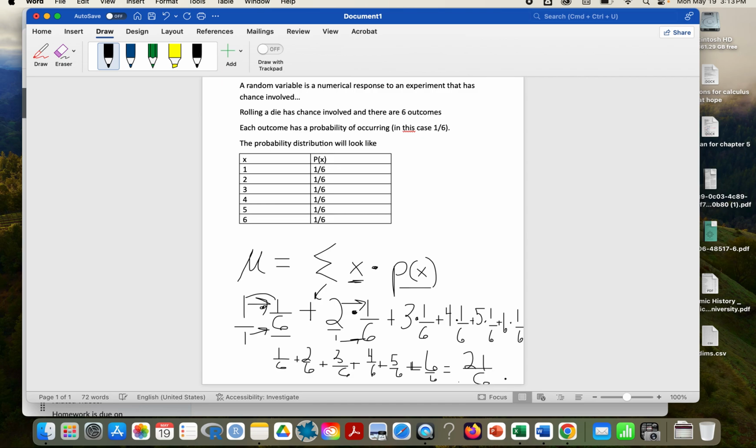Now, I don't have the exact decimal in front of me, so just give me 2 seconds to punch that into my handy-dandy graphing calculator. So 21 divided by 6. And we end up with 3.5. Okay? So our mean is going to be 3.5.